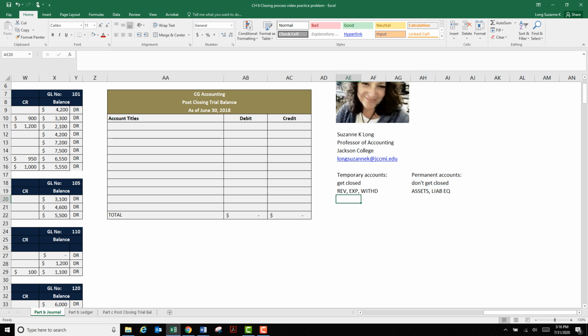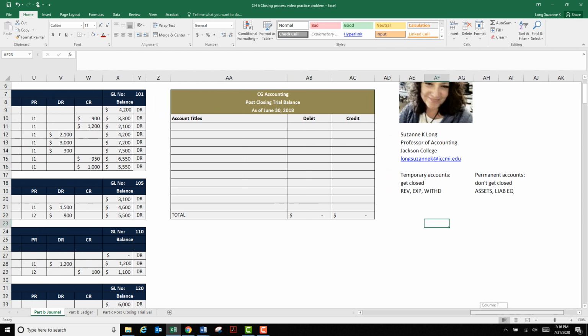I don't think I want to say anything more about that. You'll see those words, temporary, permanent. It has to do with the closing process. What I'd really want you to focus on or think about as far as the meaning is revenue and expense, net income converts to capital, withdrawal converts to capital, part of closing, gets closed, doesn't get closed, part of the closing process, not part of the closing process.